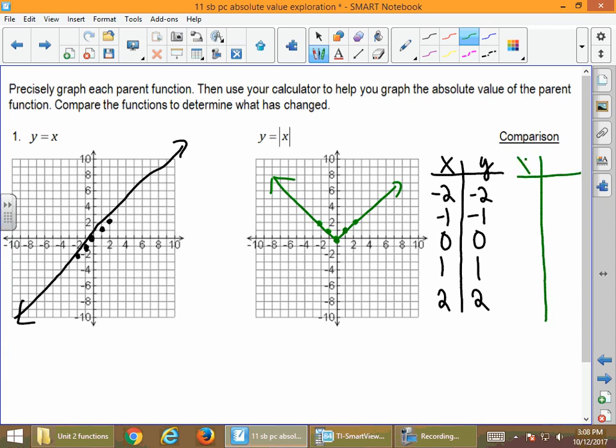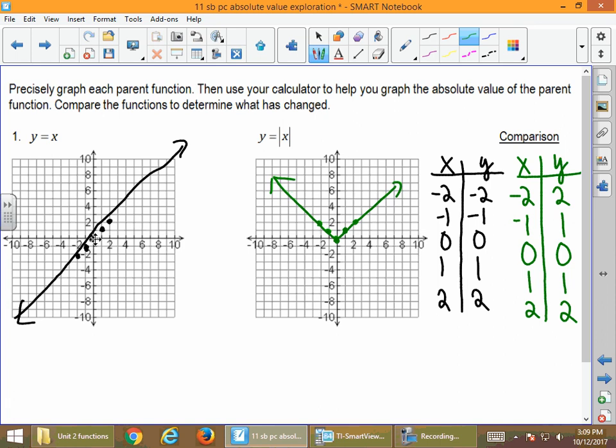When we look here, we have negative 2, positive 2; negative 1, positive 1; 0, 0; 1, positive 1; 2, positive 2. So we took the absolute value of the entire function.